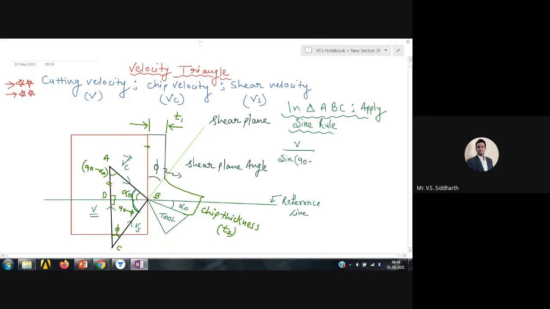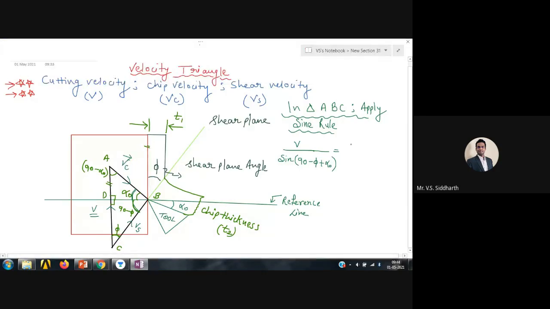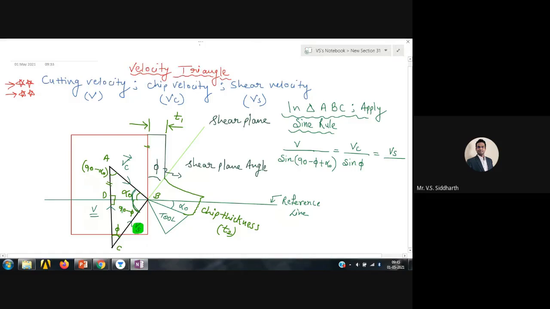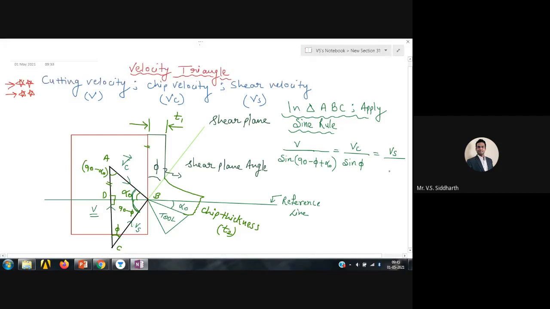So V divided by sine of (90 minus phi plus alpha naught) equals VC divided by sine phi, then VS divided by this one, which will be sine of (90 minus alpha naught).